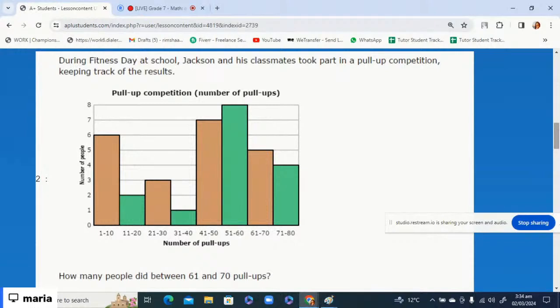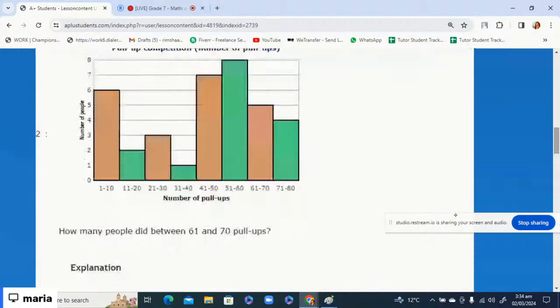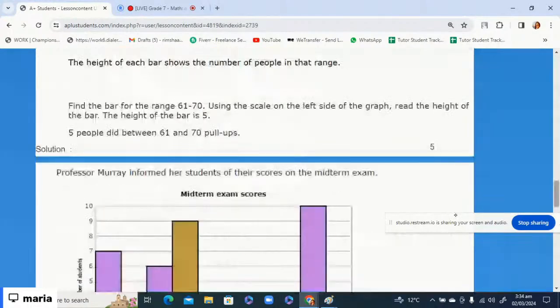We're going to find how many people did between 61 and 70 pull-ups. Where is 61 to 70? Check. This is 1 to 10, 11 to 20, 21 to 30, 31 to 40, 41 to 50, 51 to 60, 61 to 70. It's here. And how many people? There are 5. Okay, let's check the result. Yes, this is right. That is 5.